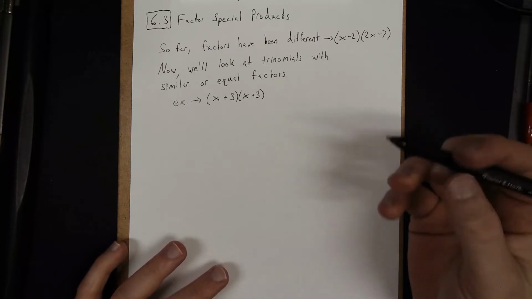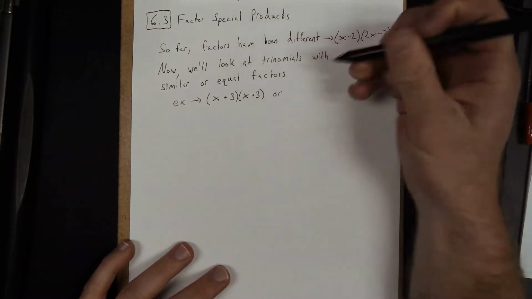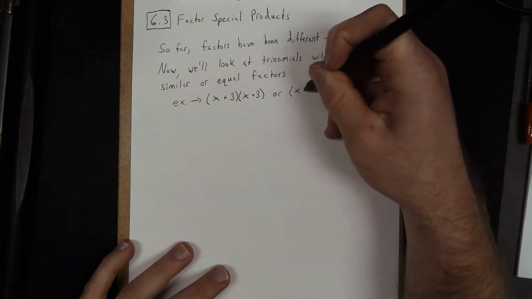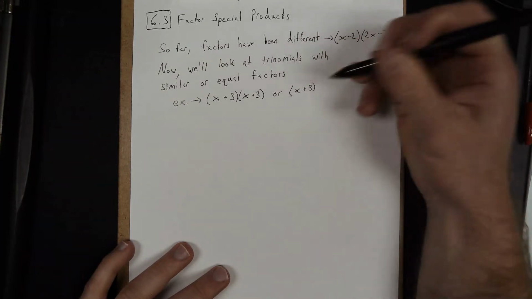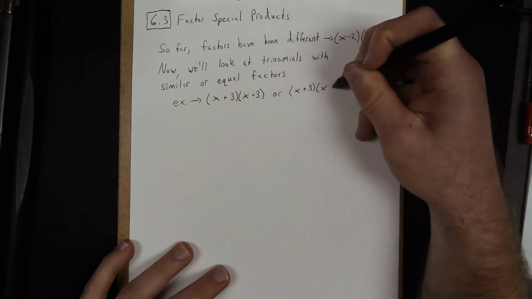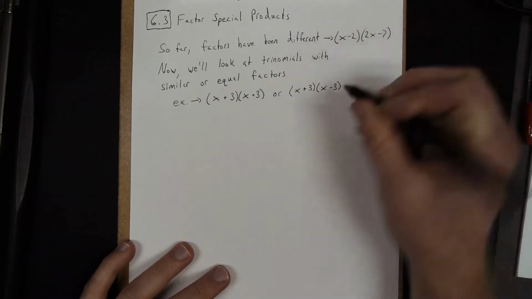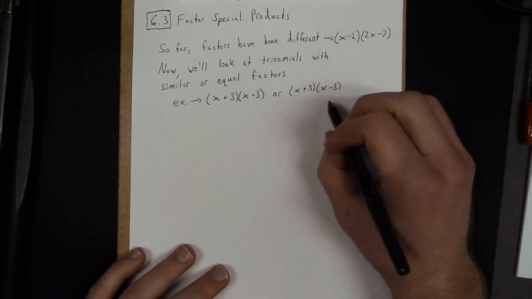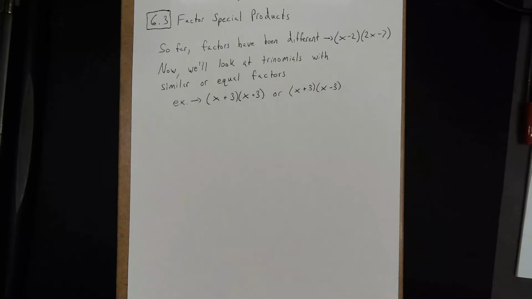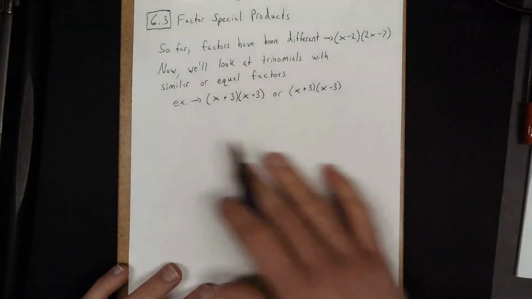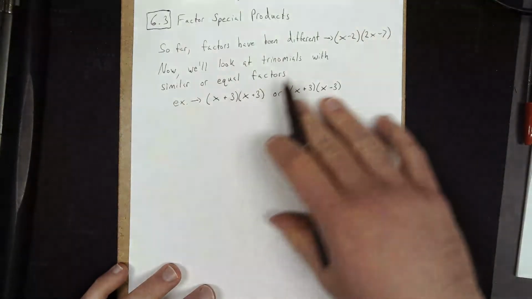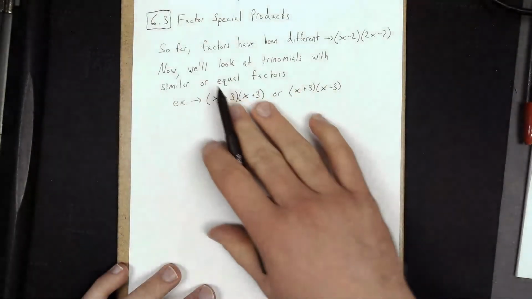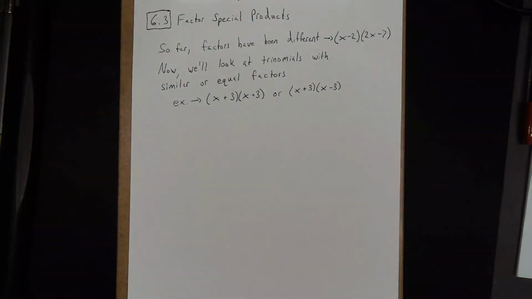But what about similar? Well, we have x plus 3 again, but then if I multiply it by x minus 3, I would consider these similar factors. They're not the same, but they're very close. So we're going to look at factoring trinomials that have these equal or similar factors.